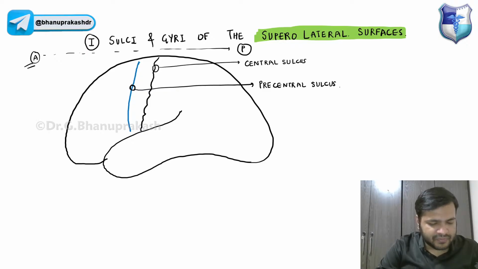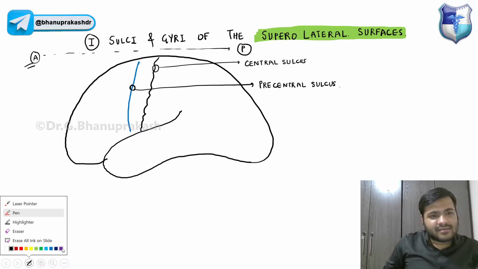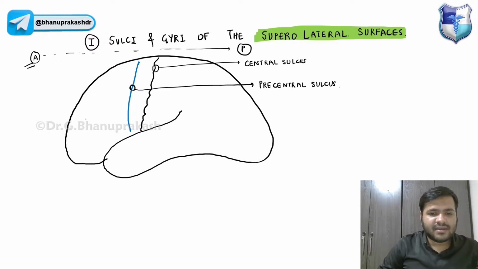Now, another sulcus, guys, just try to see over here, which begins from the superior part or the upper part of the precentral sulcus. It is called the superior frontal sulcus, and it runs forwards, parallel to the superior border of the hemisphere.